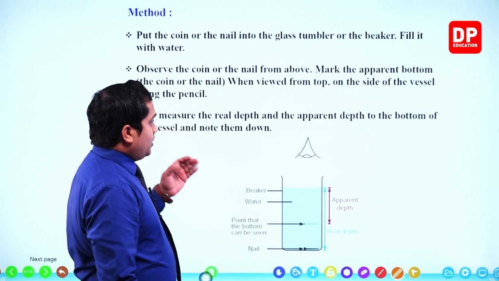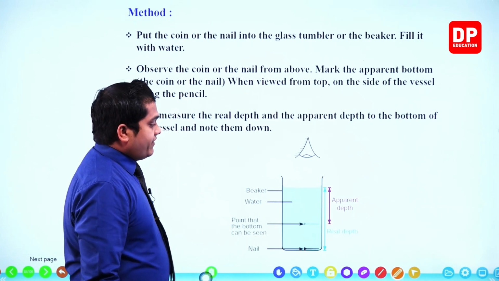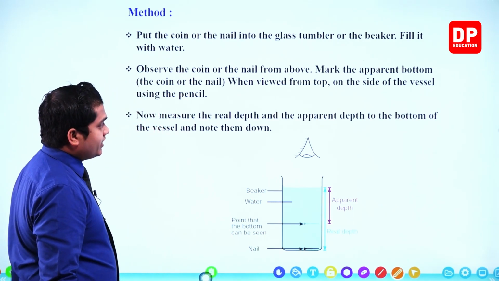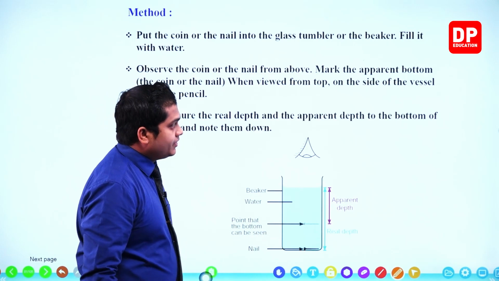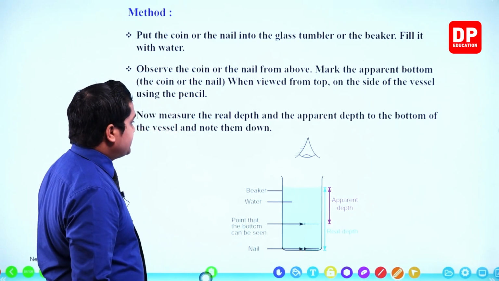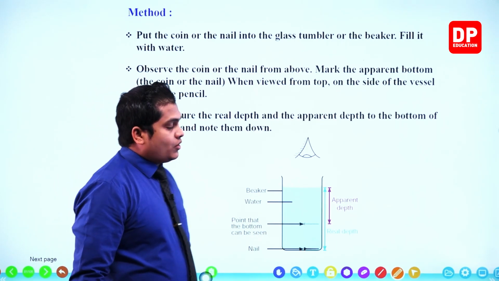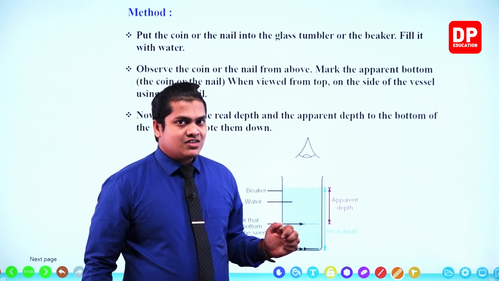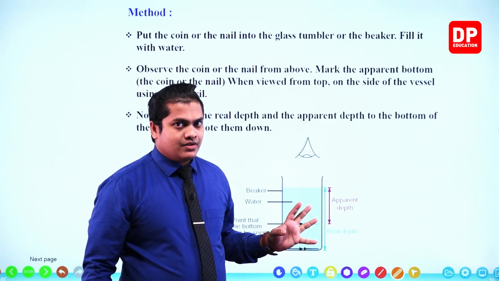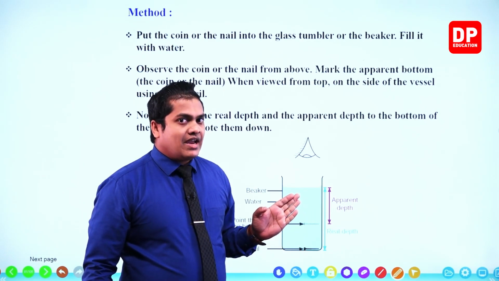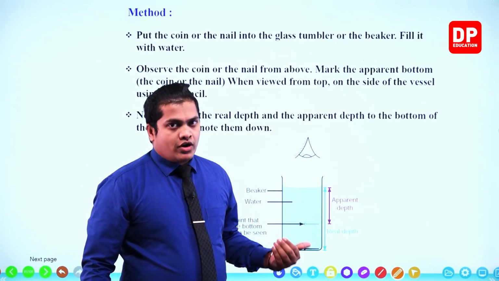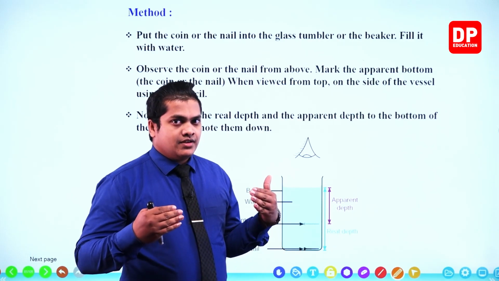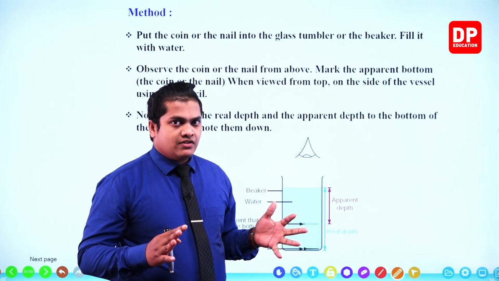Now my dear children, what do you have to do? Measure the real depth and the apparent depth to the bottom of the vessel and note them down. You have to find the difference between the real depth and the apparent depth. Actually, you don't need to measure; measuring is not that relevant.